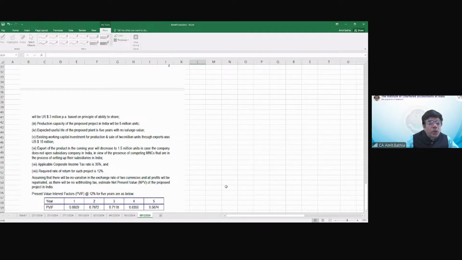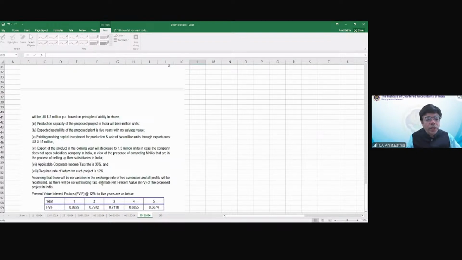Export of the product in the coming year will decrease to 1.5 million units in case the company does not open a subsidiary in India, in view of competing MNCs that are setting up their subsidiaries in India. Applicable corporate income tax rate is 35% and required rate of return for such a project is 12%.